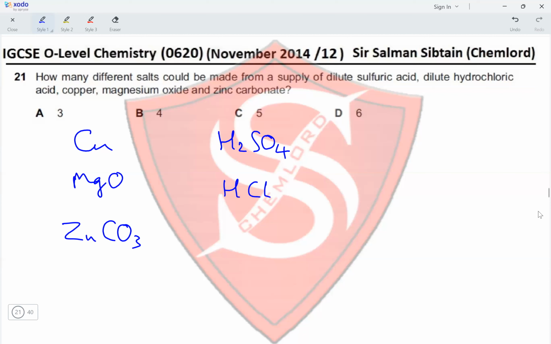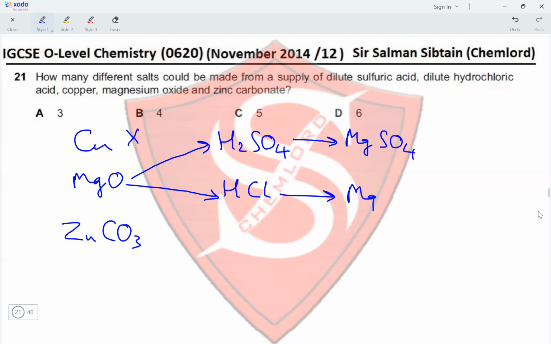HCl. So we will not have any copper salt being formed because copper will not react with dilute sulfuric acid or dilute hydrochloric acid. Magnesium oxide would react with sulfuric acid to produce magnesium sulfate. Magnesium oxide would react with HCl to produce magnesium chloride.